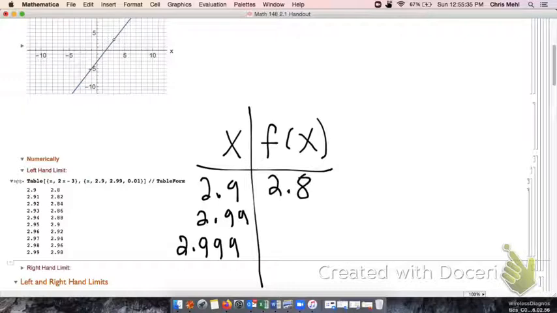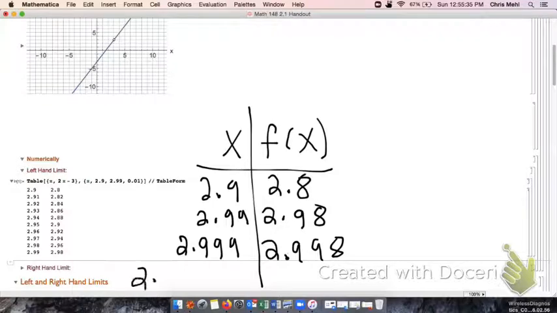When you plug 2.99 in, you get 2.98. And I believe, you'll have to double check this one, I think this is the pattern: every time you add a 9 to the decimal place on x, you're going to add an extra 9 between the decimal and the 8 in the output.